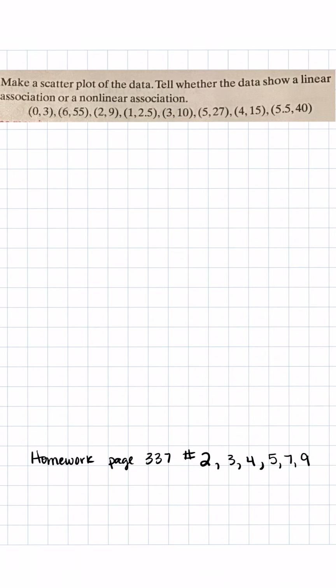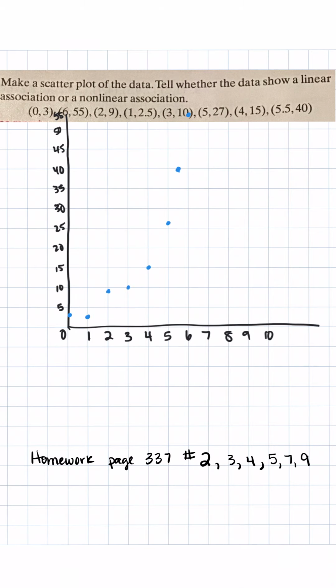So let's have you go ahead and try this one on your own. Make a scatter plot of the data and tell whether the data shows a linear association or a non-linear association. Create that chart, tell me what you think, come back when you're done. Okay, so your chart should look something similar to this.